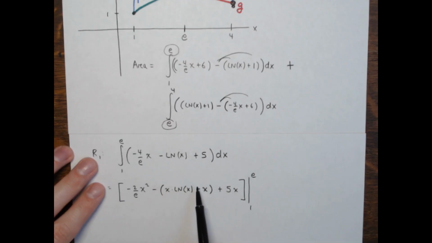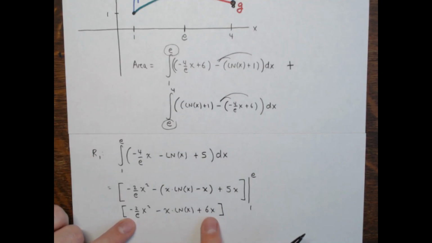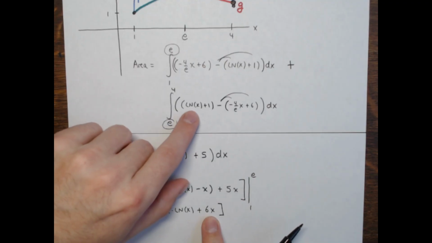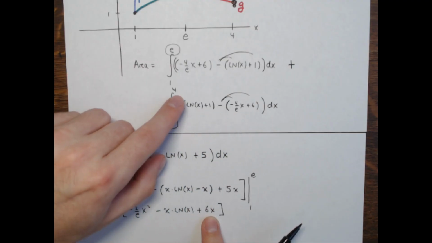Now, if you distribute the negative here, you can make this plus 6x. So I could have negative 2 over e times x squared, and then minus x times the natural log of x, and then plus 6x. And I'll bring this back because we're just going to have the opposite of that, right? This is just the other order when I do the integral from e to 4.